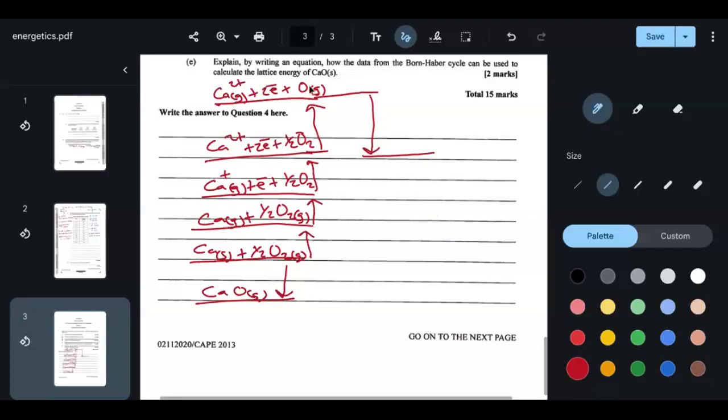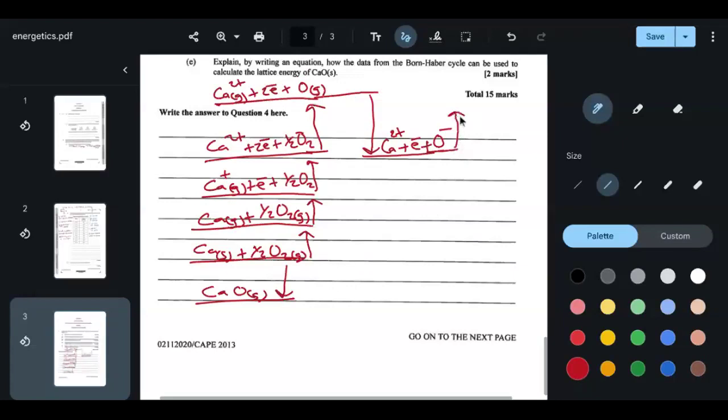All right. So after that, now it is going to gain 1 electron first. So here we would have Ca2 plus, e, because oxygen is going to accept 1 electron. So it becomes O minus. So after first electron affinity, what will we have? Second electron affinity.